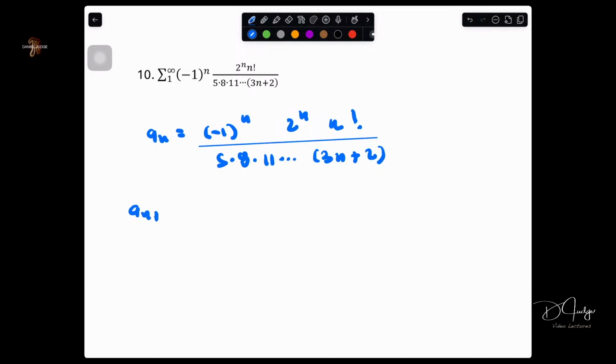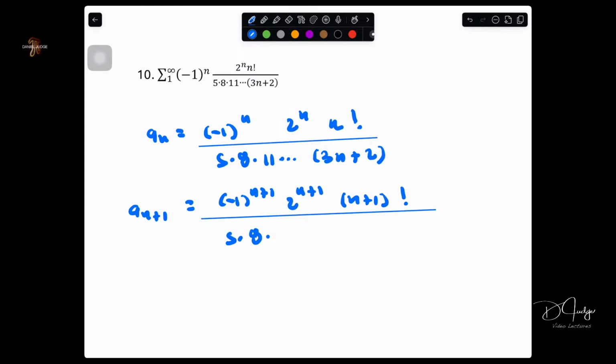Let's take a look at the a_(n+1) term. Negative 1 to the n plus 1 power, 2 to the n plus 1, n plus 1 factorial, over 5 times 8 times 11. This product now 3n plus 1 plus 2.